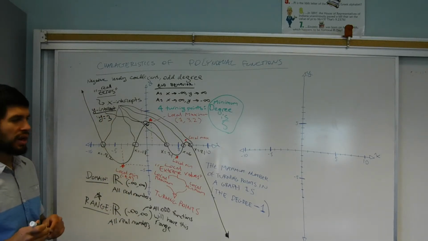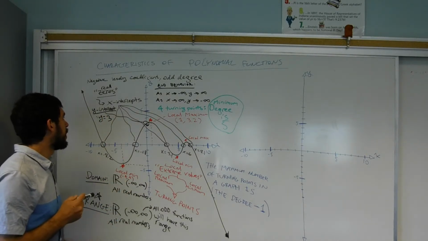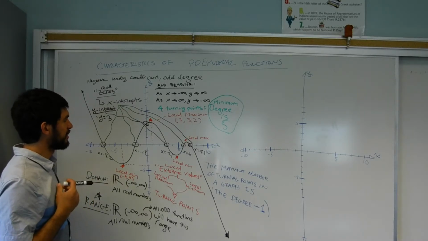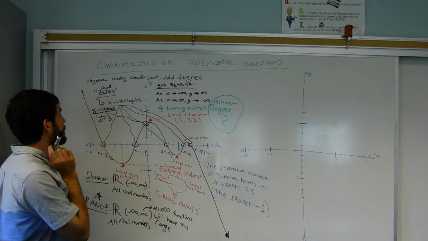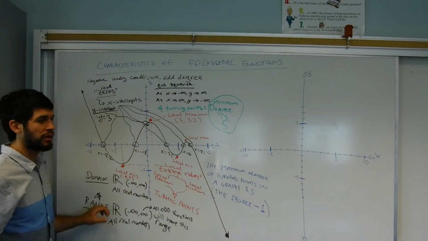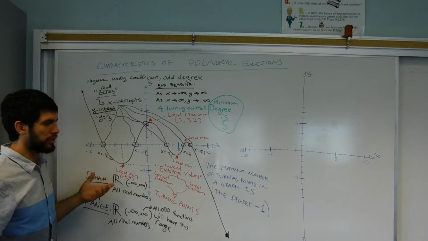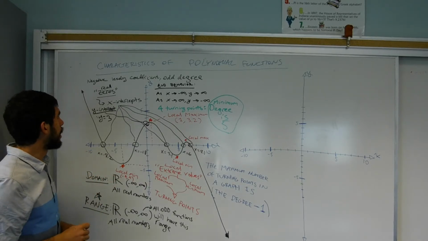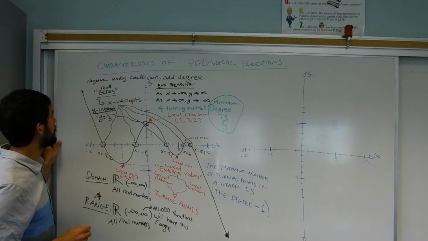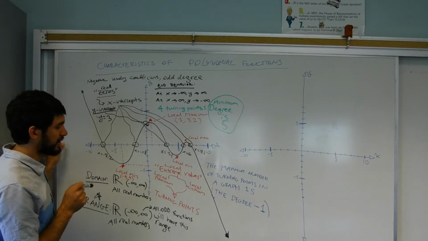And like all functions that we've studied so far, polynomial functions will have exactly one y-intercept, where they could have multiple x-intercepts. So that covers our example of a negative leading coefficient and odd degree function.